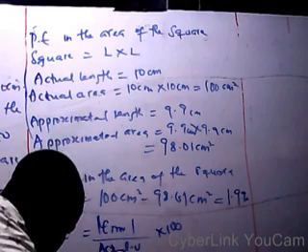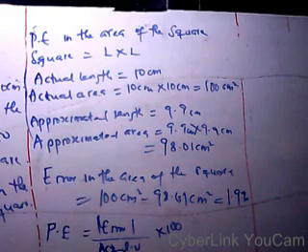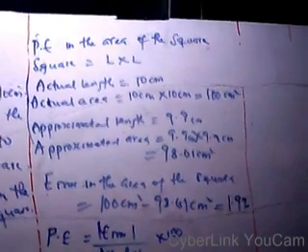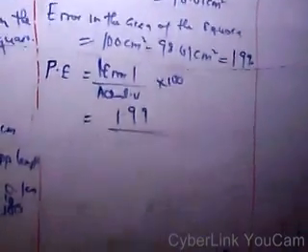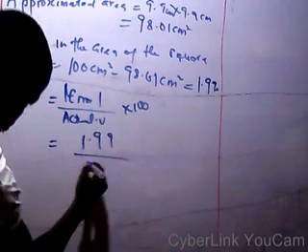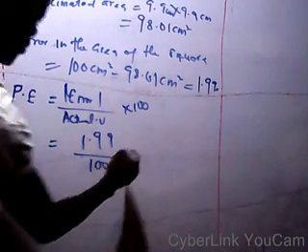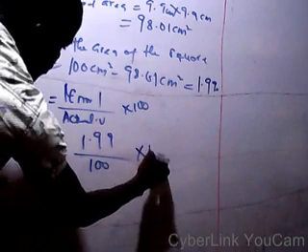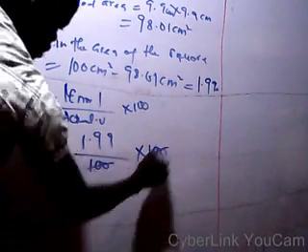It will now be 1.99 divided by the actual value, which is 100 centimeter square, right? The actual area that we get is 100. So divided by 100. Are you getting it now? So multiply by 100, right? So this one cancels this.